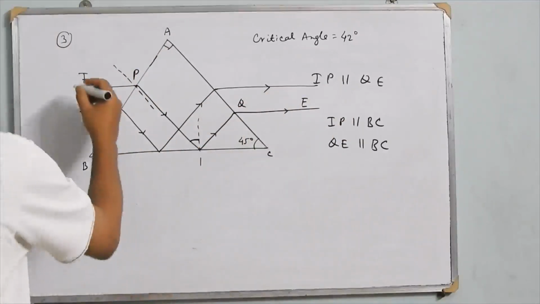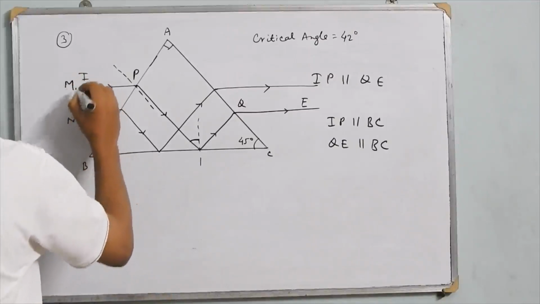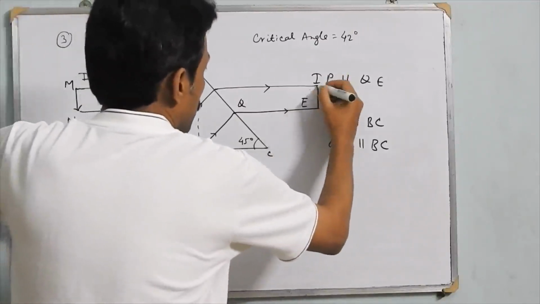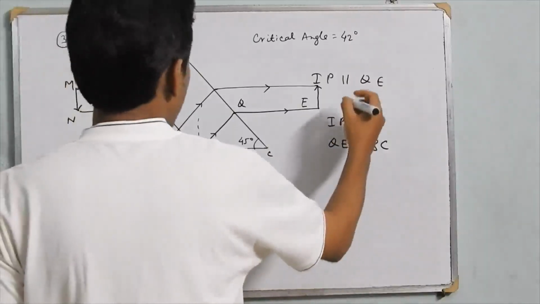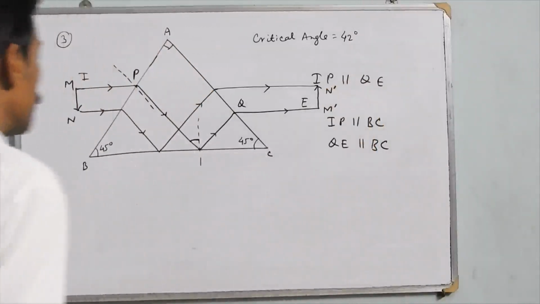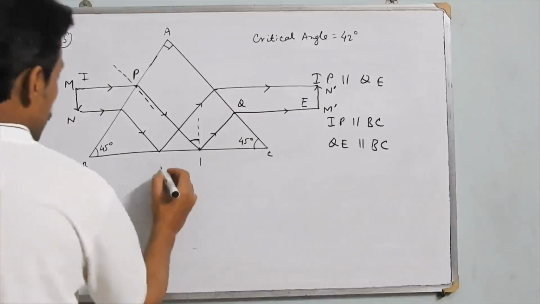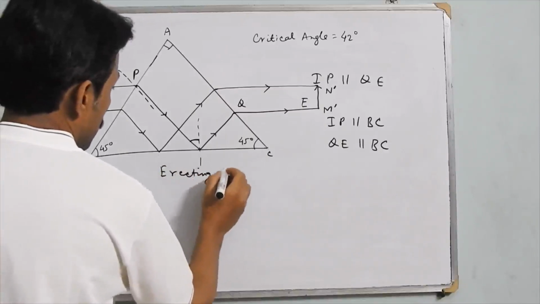So now suppose this is your object MN, then you will get the erect image here, which will be M dash N dash. Because this type of prism can be used to erect the image of an object, it is also called as erecting prism. This type of application is called as an erecting prism.